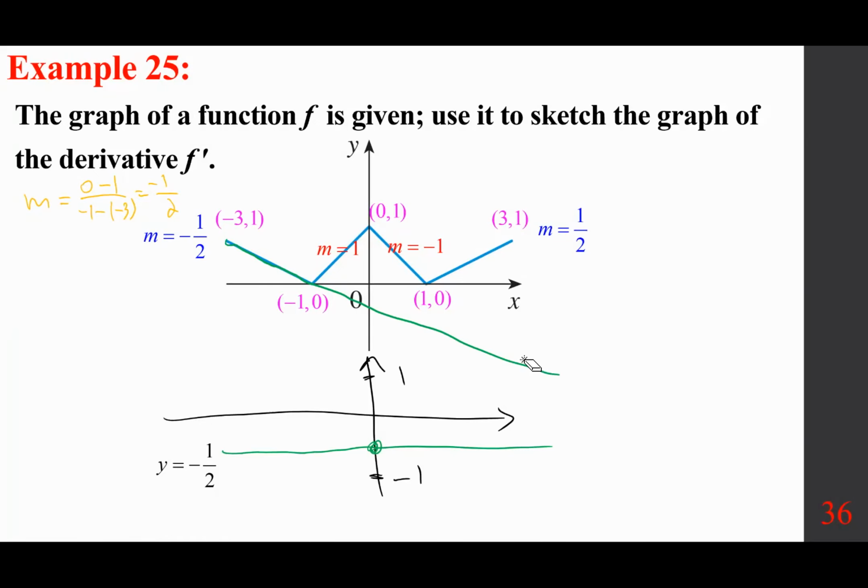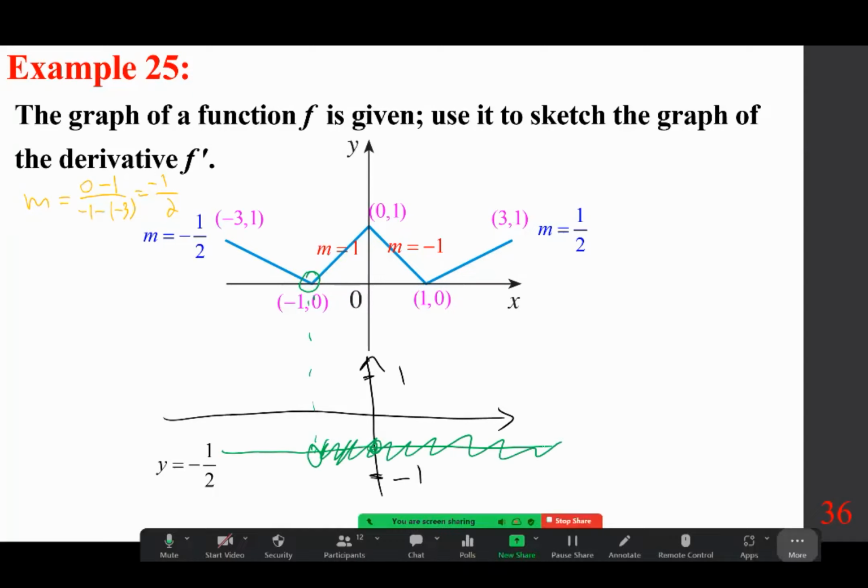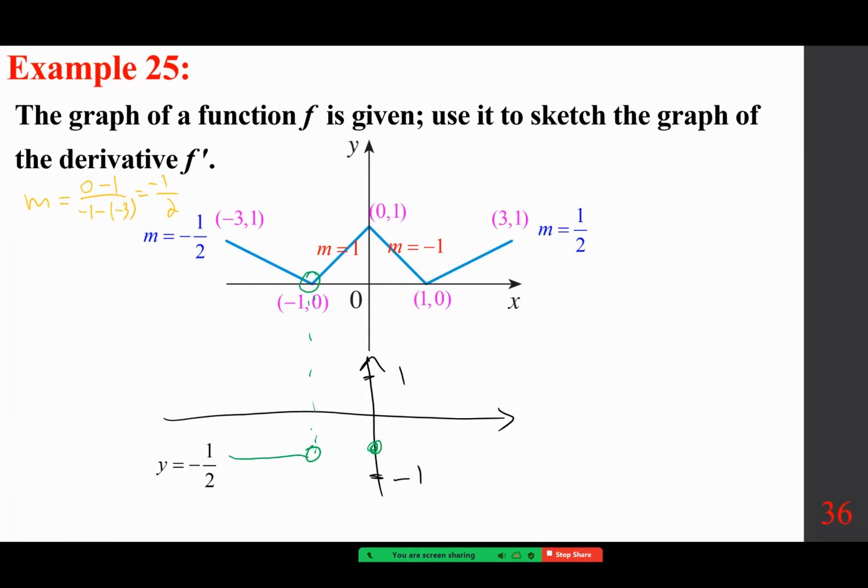So let me clean this up. This point has a sharp corner. This point has a hole, and we don't have the right side of it. So corresponding to this, we have this. And the same thing happens for the rest of them. For example, this one, m equals 1.